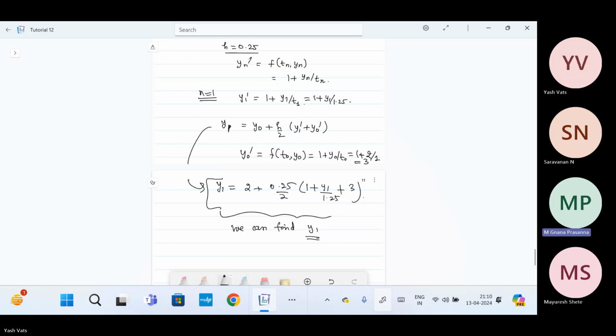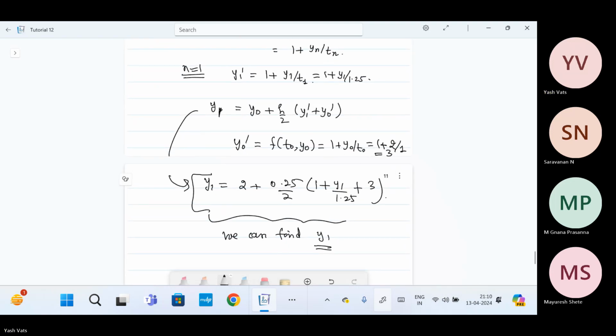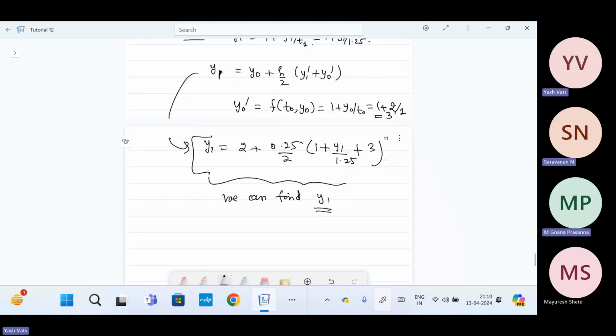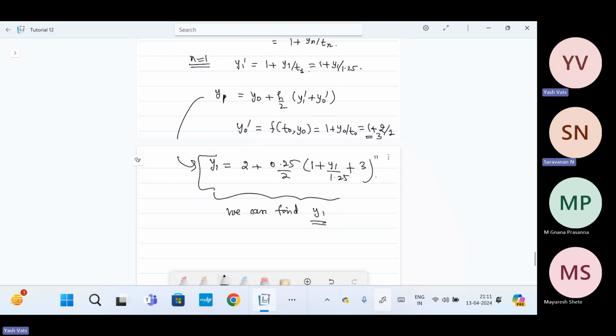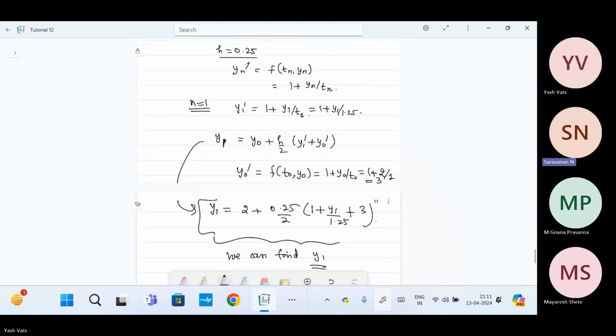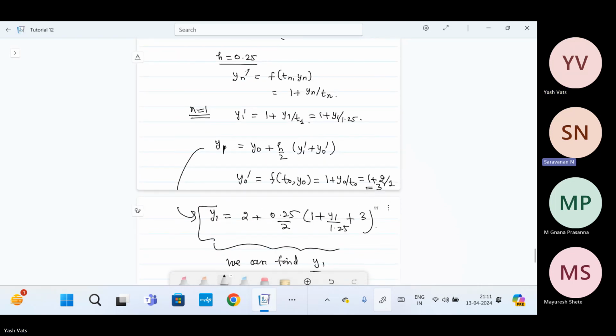Always we have to use the present value using Euler's formula, and then we have to modify that y1. In the first equation, y1 we have left as it is, in y dash 1, where we put 1 plus y1 by 1.25.